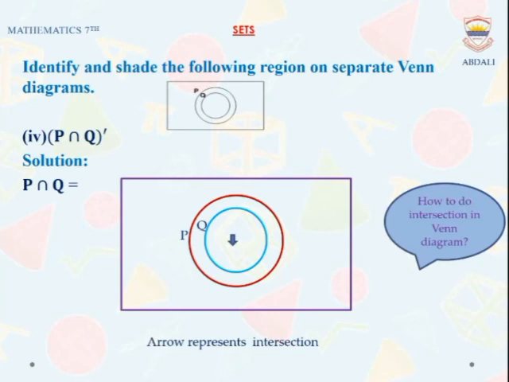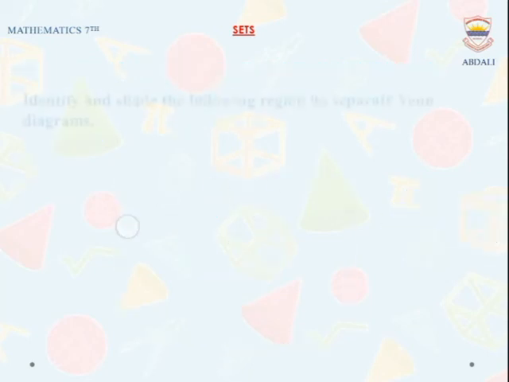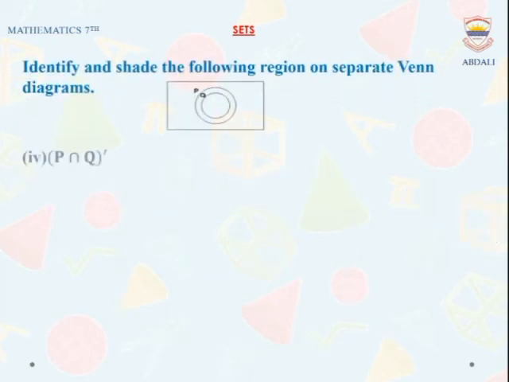And now we have to solve the complete bracket. We have to take the complement of this intersection. So let's do it. Again the same question, and we have done our solution till P intersection Q, and now we have to show only the complement. So class, again we are going to revise what a complement is. A complement contains all the elements, all the region of the universal set, which is not in the given set.